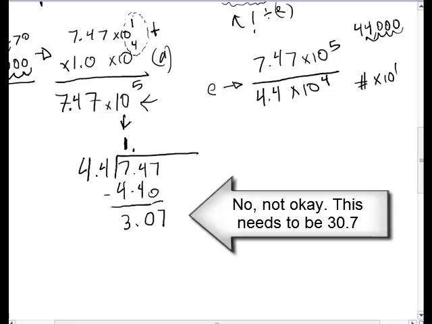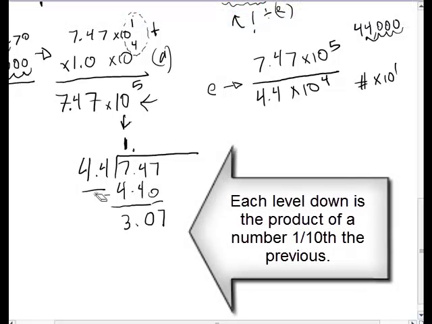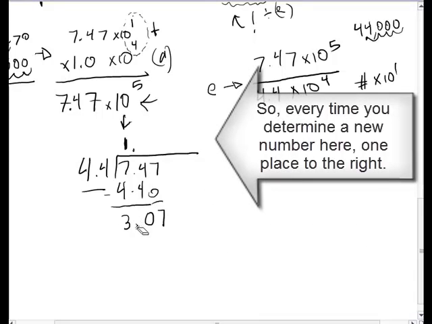Now our question is, how many times does 4.4 go into 3.07? That's our next question. Actually, how many times does 4.4 go into 30.7 is how big the number is.